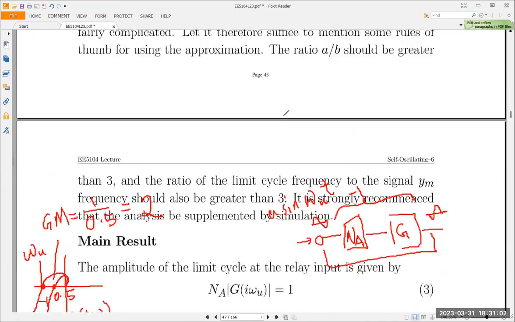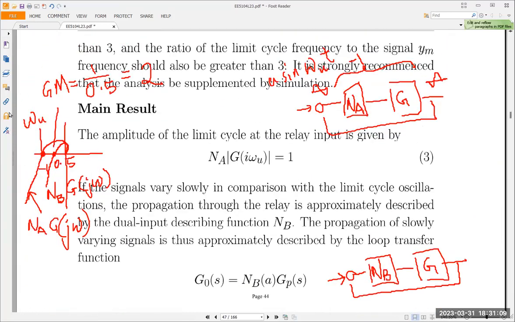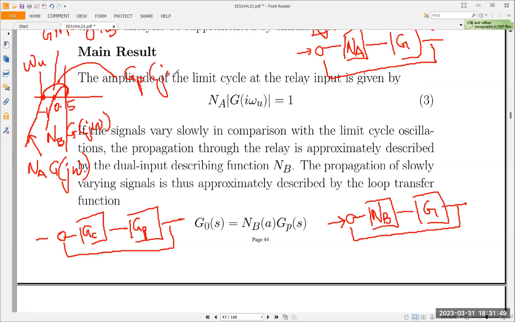When you draw the Nyquist curve, in general, in a standard closed loop control system, whereby you have a controller and then a plant, this curve here is drawn as GP(jω) GC(jω).